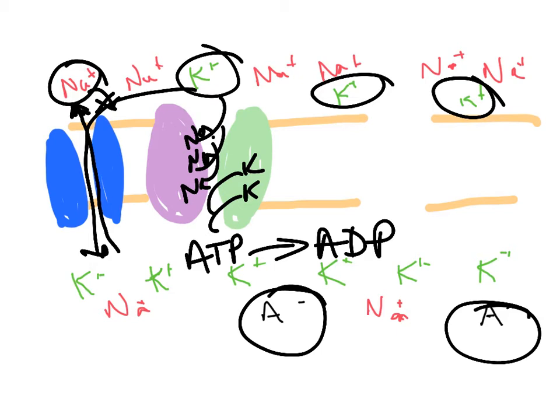So what you end up with is a cell whose inside of the cytosol is more negative than the outside of the cell.